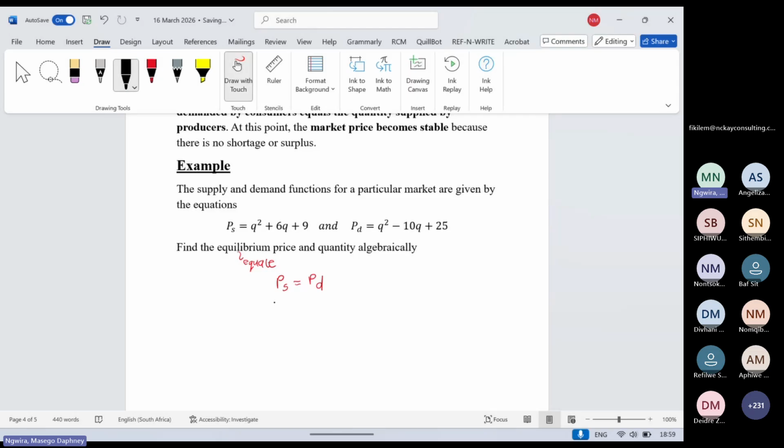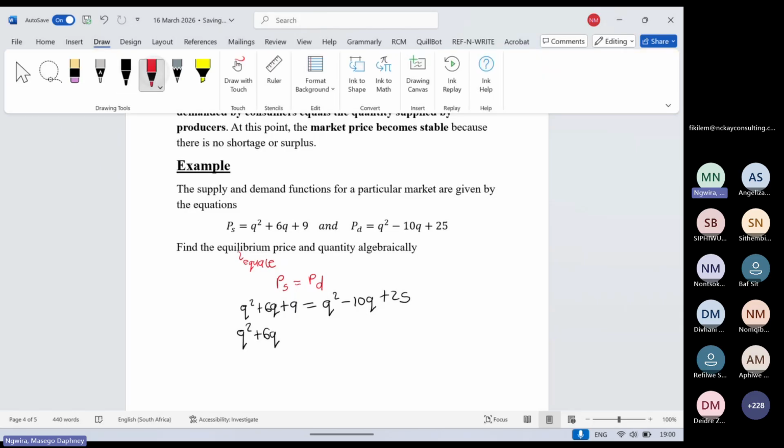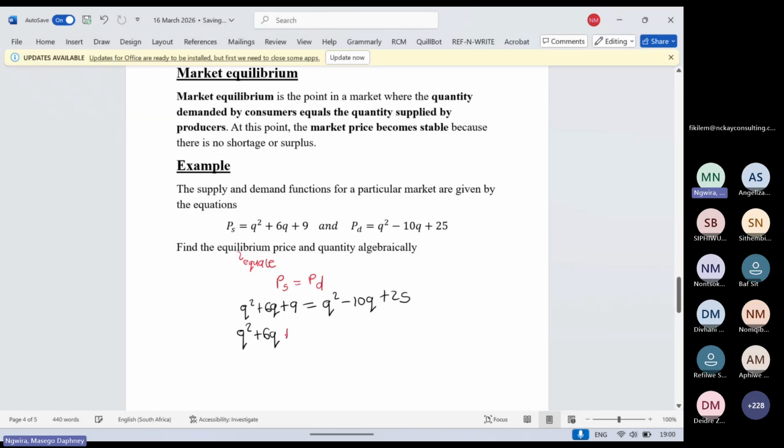So we are going to have our supply, Q squared plus 6Q plus 9, equals our demand, Q squared minus 10Q plus 25. Now we do the apples and bananas. I'm going to move the ones with the Q's to my left. So I'm going to have Q squared plus 6Q, and I move this negative 10Q across the equal sign, it becomes a plus 10Q.